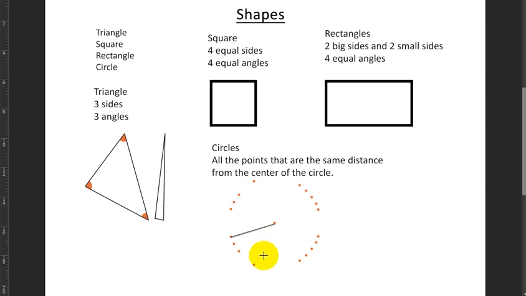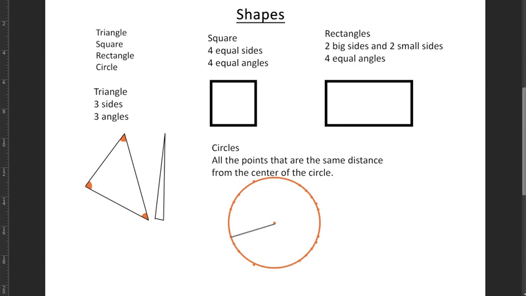And I want you to imagine now that I kept doing this, that I made all of the points that I could at this exact same distance from the center. It's starting to look like a circle. And imagine now that I connected all of these points. What I would get would be a circle. That's how we define a circle.